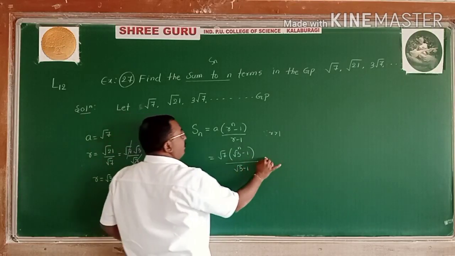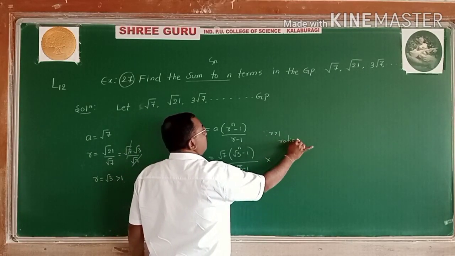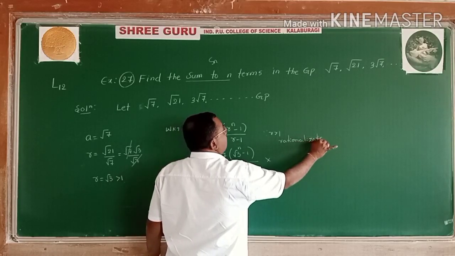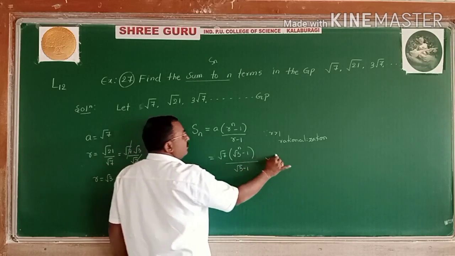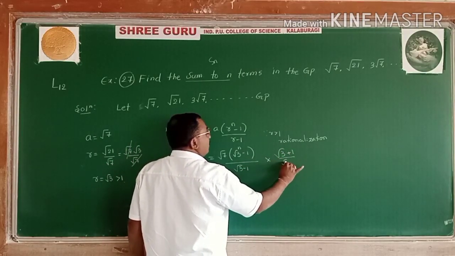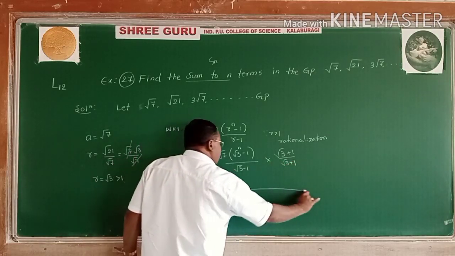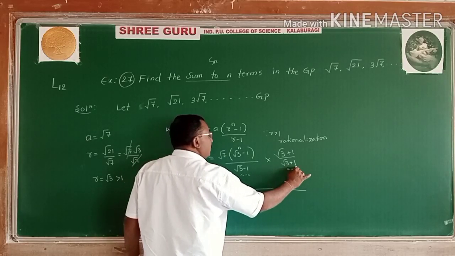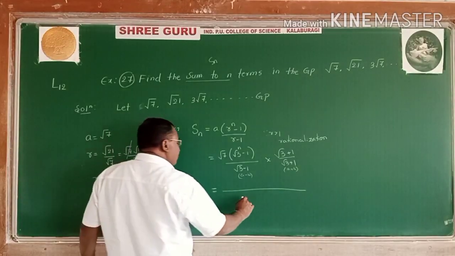In the next step, apply rationalization. Do you know rationalization in complex numbers? The denominator root 3 minus 1 becomes root 3 plus 1 over root 3 plus 1. This is a minus b, this is a plus b, and the formula a minus b times a plus b is a square minus b square.